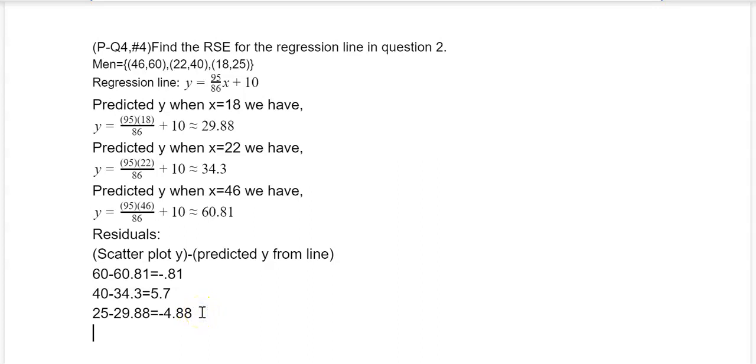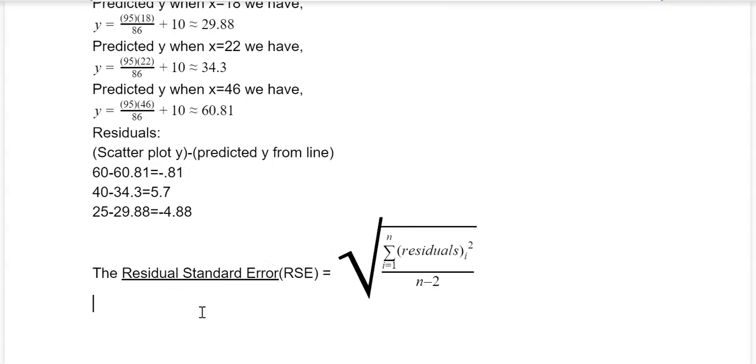So recall the definition of the RSE, the residual standard error. In our case, n equals 3. We're just going to square this number, square this number, square this number, add them together, take the square root, and divide by n minus 2.